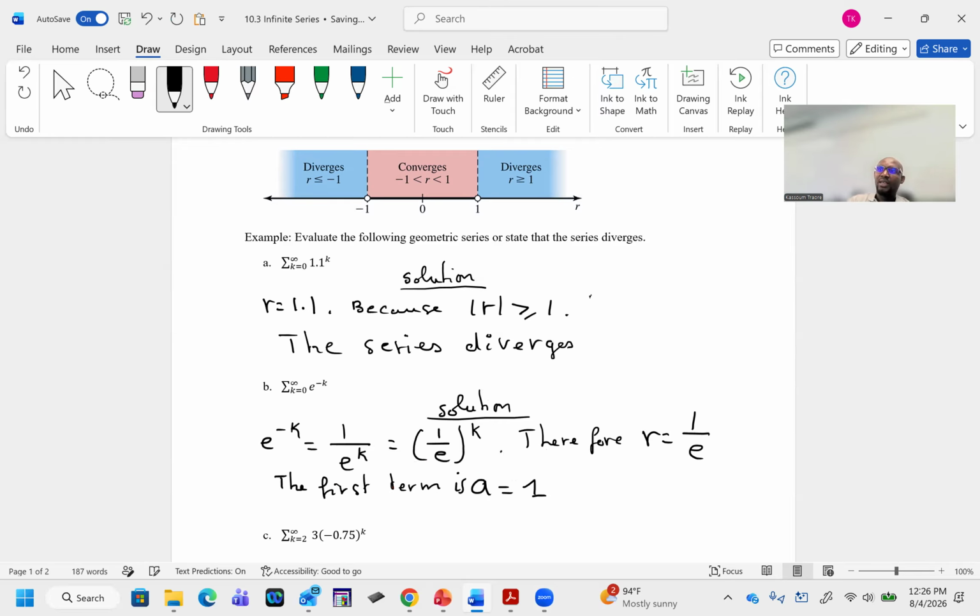So now we can go ahead and find our sum, right? Because the absolute value of r is less than 1, the series converges. And the sum will give us what?